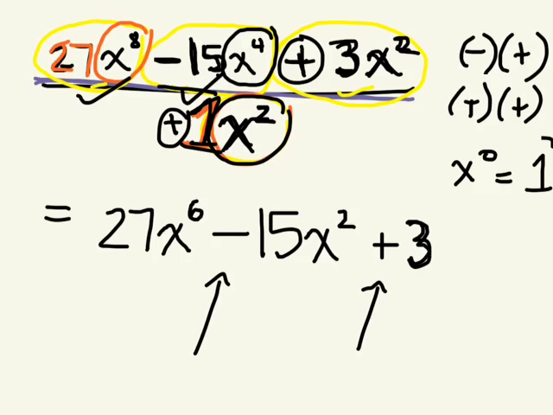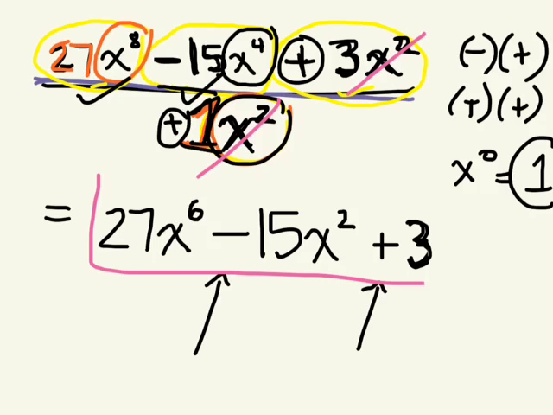Your answer is 1, so it's actually 3 times 1. Do I need to write the times 1? No, because anything times 1 is the number itself. So it's actually just 3 alone. If you look at it this way, the variables cancel out. So this is our final answer.